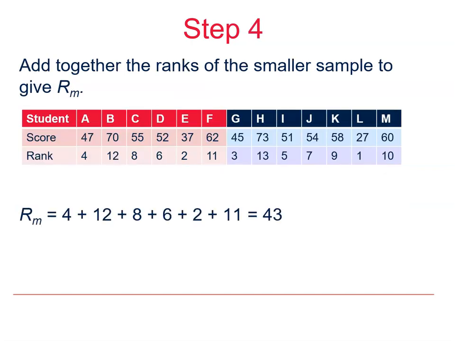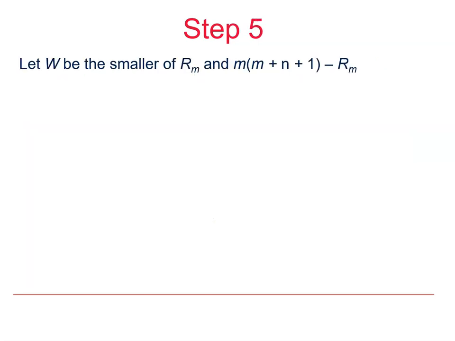Now we find Rm, the sum of the ranks of the smaller sample. We need to compare Rm with the value of m multiplied by (m plus n plus 1), take away Rm. What are we doing here? Well, the second value is what we'd get if we ranked them from largest to smallest, and we want to get to the same conclusion whichever way we do it.